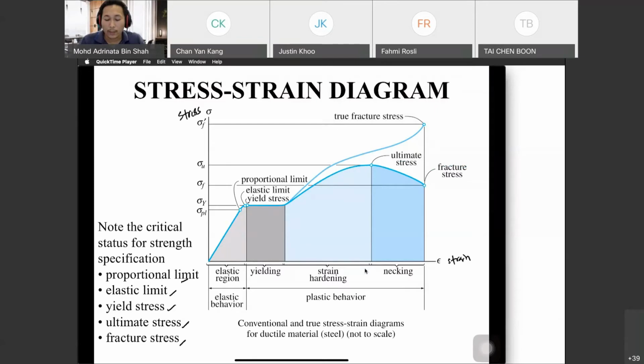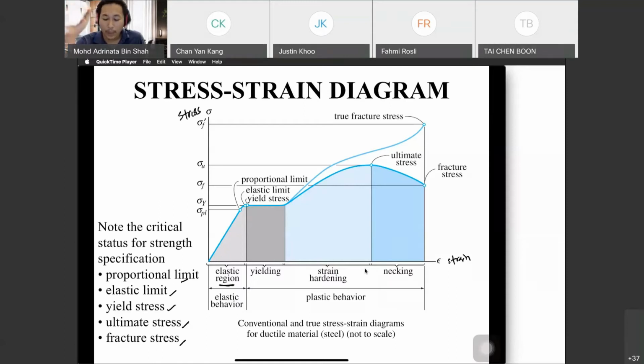Now we look at the first one, the elastic region. Elastic region is like a rubber band. You give the load, and when you take off the load, the rubber band will go back to the original place. So that is the elastic, like a rubber band.